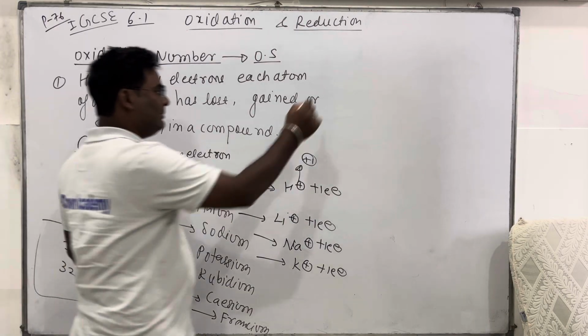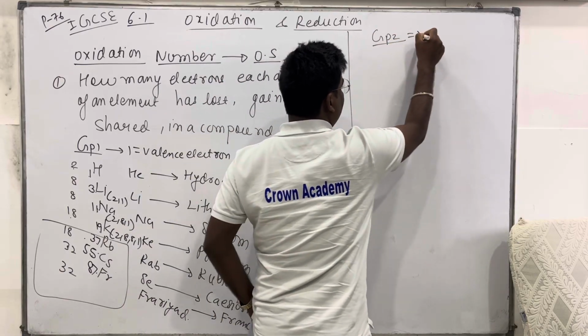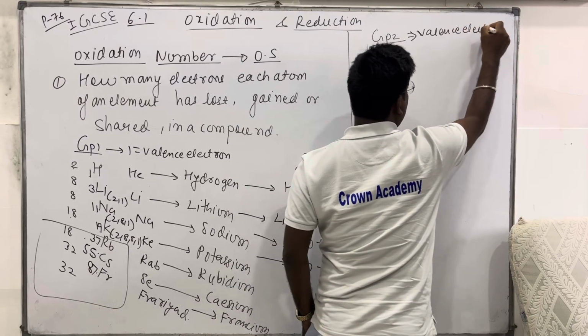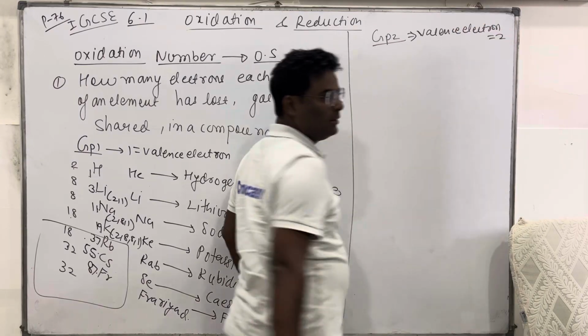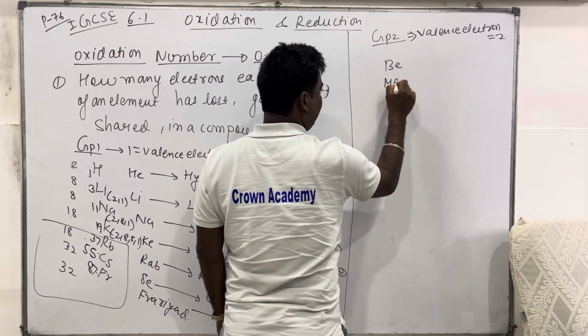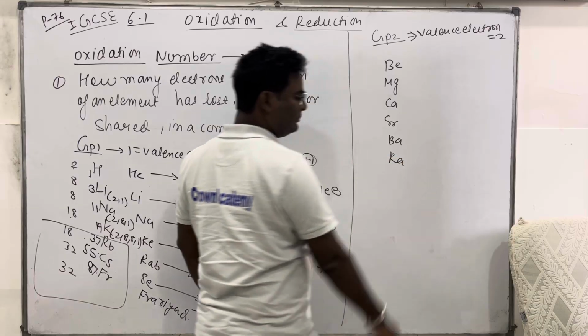Understood? In a similar manner, for group 2, valence electron is 2. It starts from beryllium, magnesium, calcium, strontium, barium, radium.